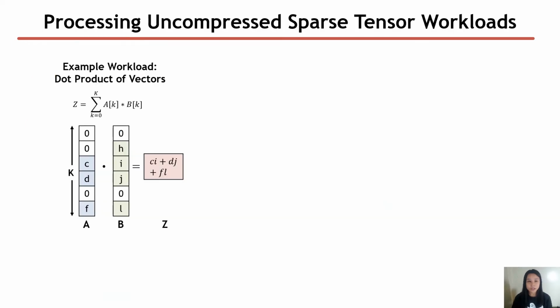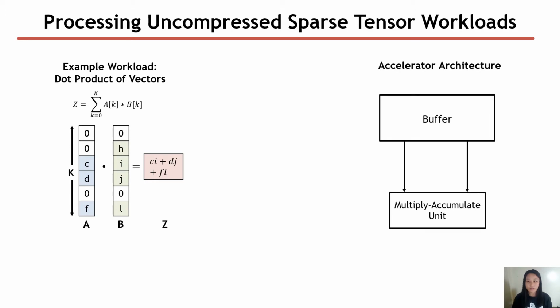Okay, so first, let's take a look at how to process a default uncompressed sparse tensor workload on an accelerator design. Here we're showing a simple example workload, which is the dot product of two vectors a and b. The dimension here is named k, and what we're doing is essentially multiplying the corresponding entries in vectors a and b and accumulating to arrive at z.